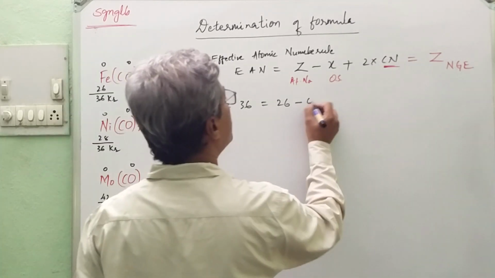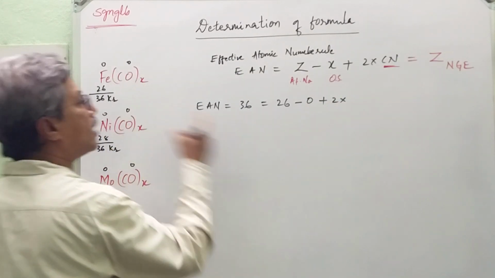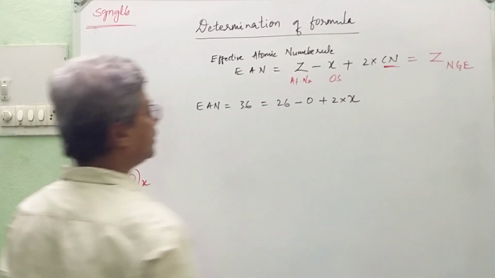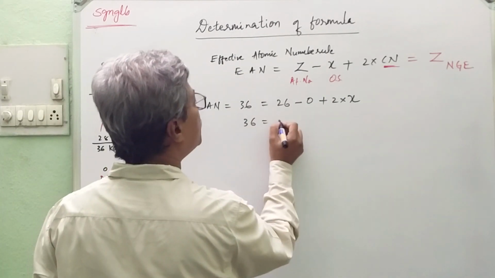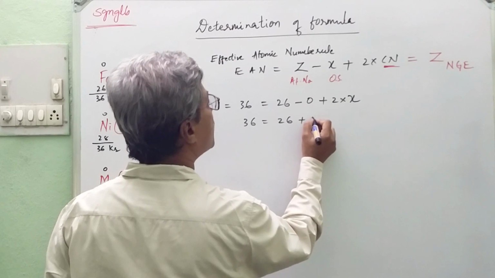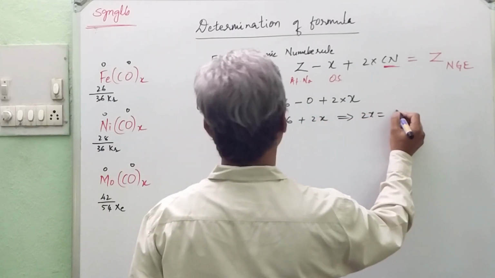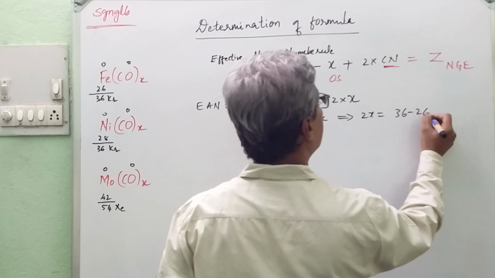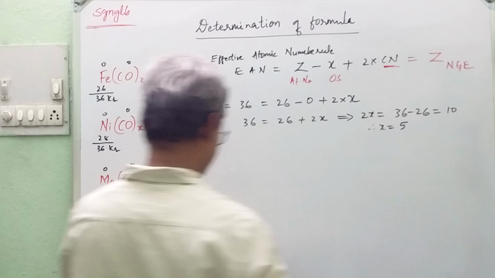Plus 2 times the coordination number, which we do not know, let it be x. So 36 is equal to 26 plus 2x. This implies that 2x is equal to 36 minus 26, which is equal to 10. Therefore, x is equal to 5.